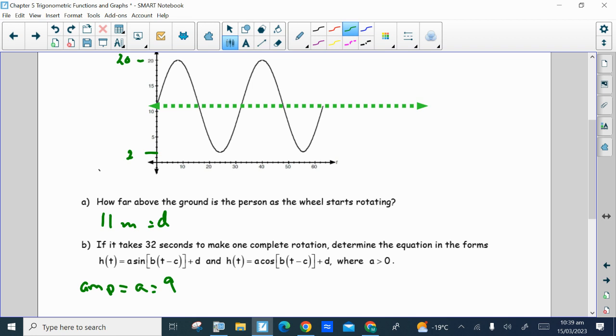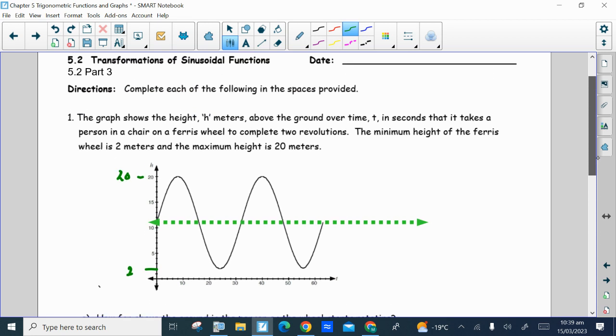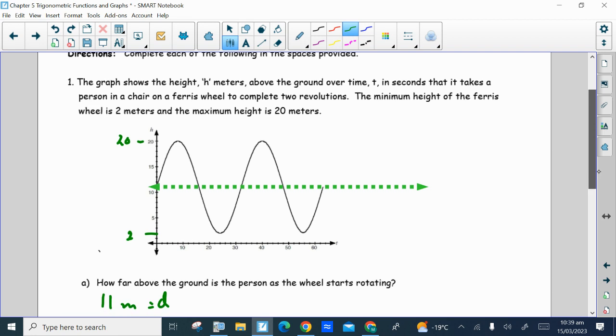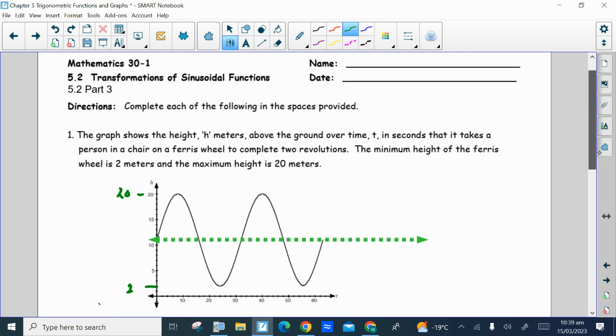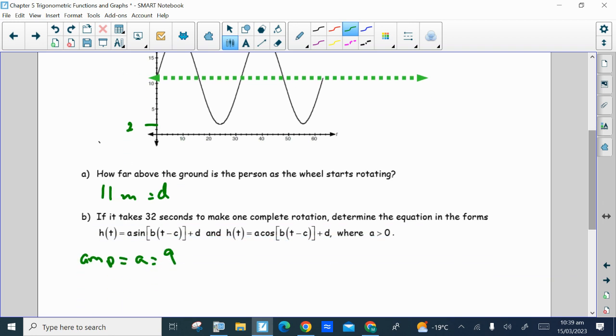Sure, you can go from one maximum to the next. That would be one way you could do it if you're reading it off the graph. Or you could go from where the graph starts, going upwards through the horizontal midline, to the next place it happens, over here. But also, if you look at the question, it tells us that, oh yeah, it takes 32 seconds to make one complete rotation.